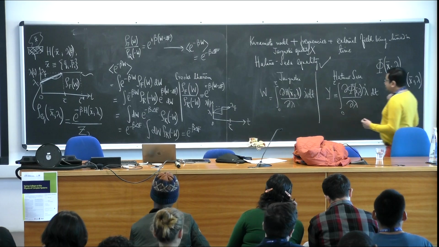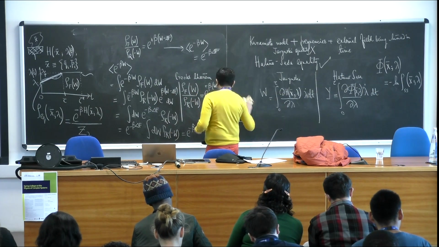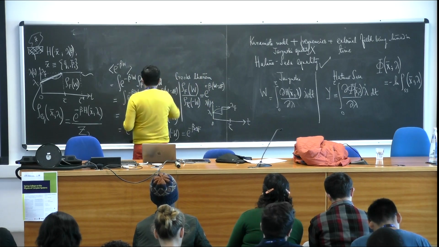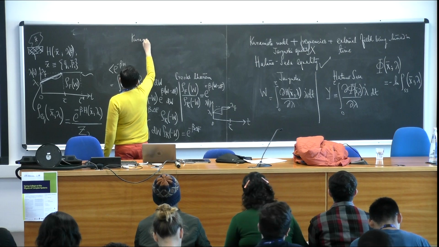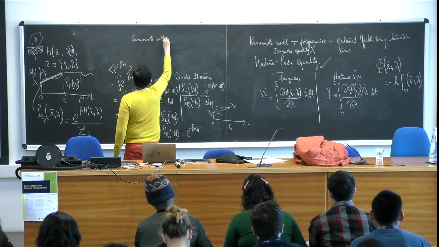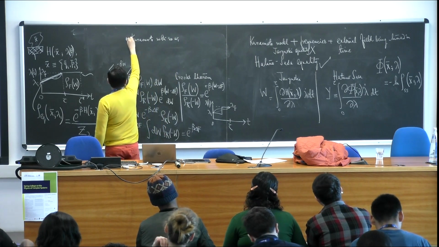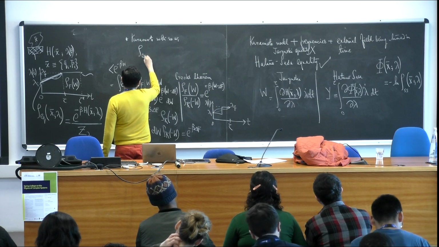Just to give you an example, for the Kuramoto model we had seen what these two quantities look like. Let's say the Kuramoto model with no frequency, no omega i. Then we know what this looks like.